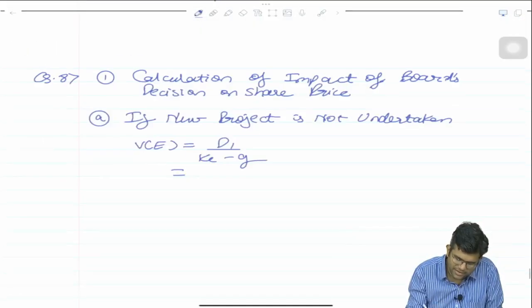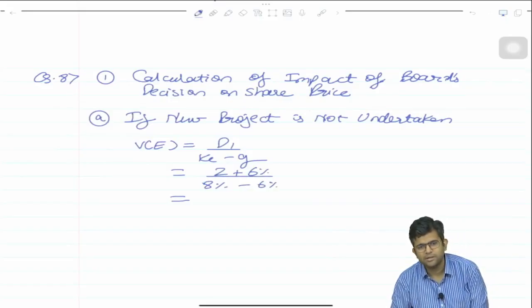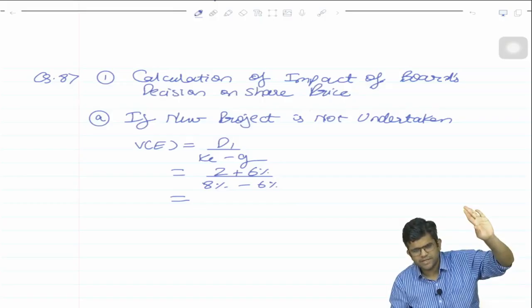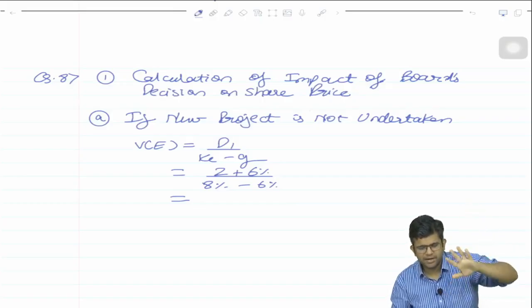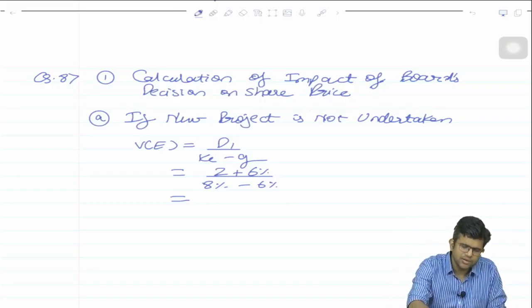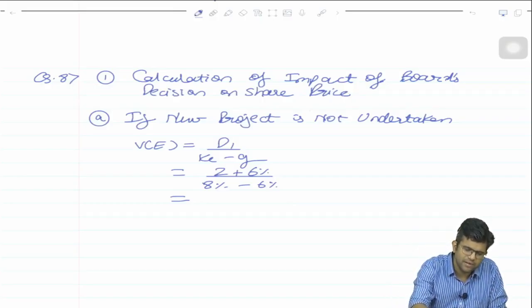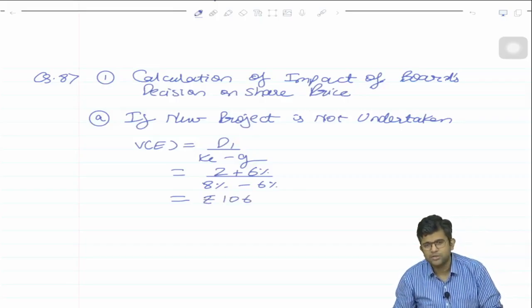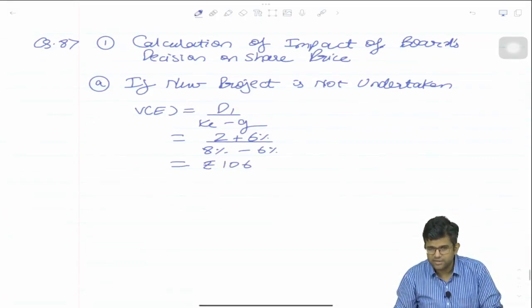So I will say 2 plus 6%, the whole upon 8% minus 6%. D1 will be 2 plus 6%. So 2 plus 6% divided by 2%, and this comes to rupees 106.